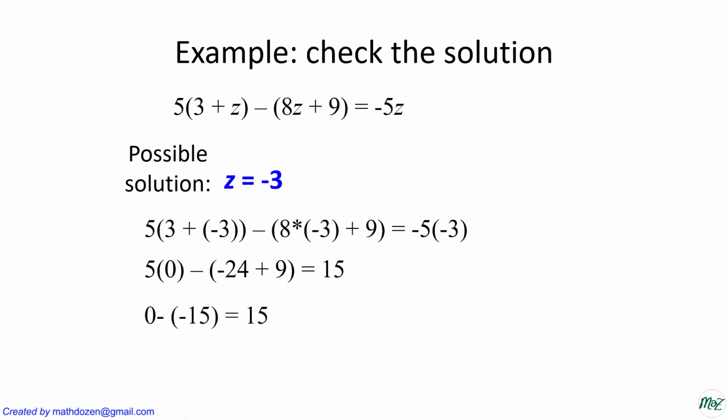So 5 times 0 is 0, and negative 24 and 9 in parentheses is negative 15. Simplifying the left-hand side one more step, we get 15 equals 15, which is a true statement. This tells us that what we found is indeed a solution for this linear equation.